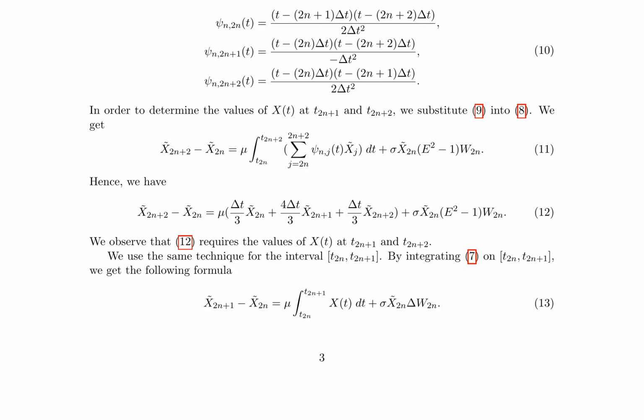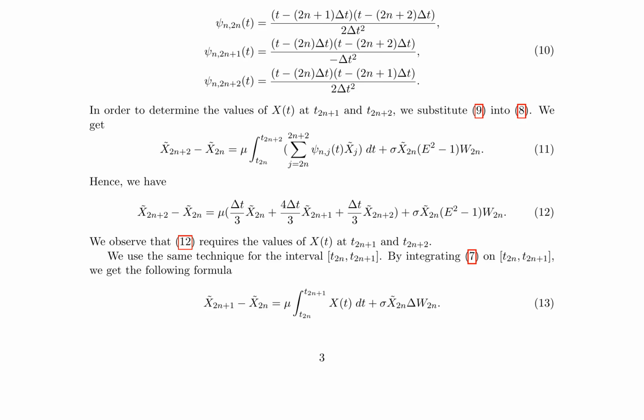However, equation 12 requires the values of x(t) at t_{2n+1} and t_{2n+2}, which are not yet known. To address this, the same technique is applied to the interval t_{2n+1}, integrating equation 7 to obtain equation 13.